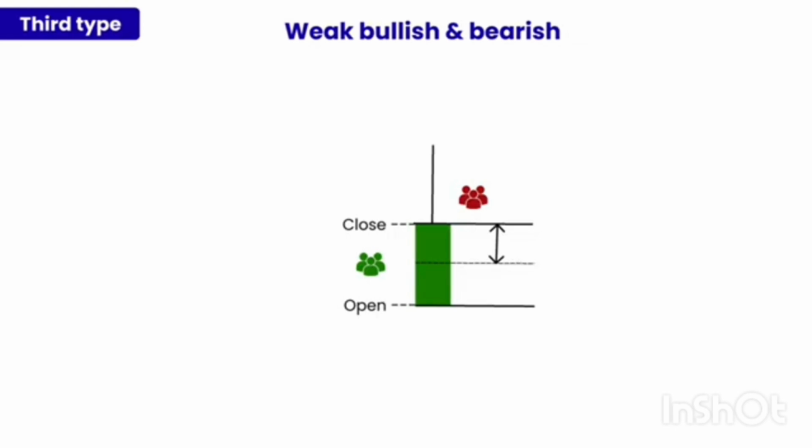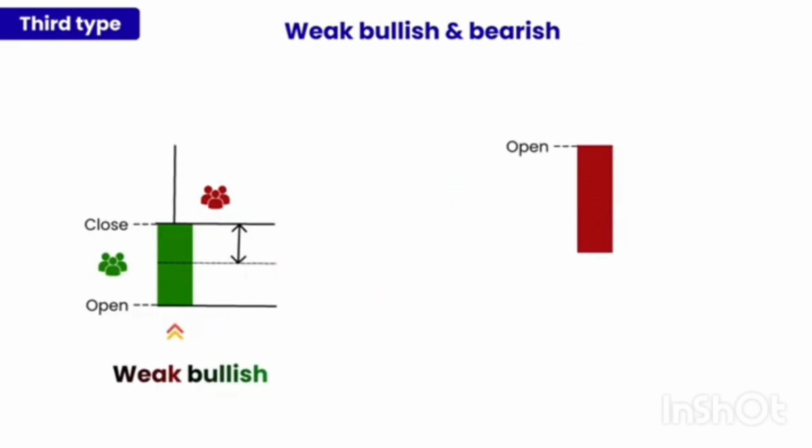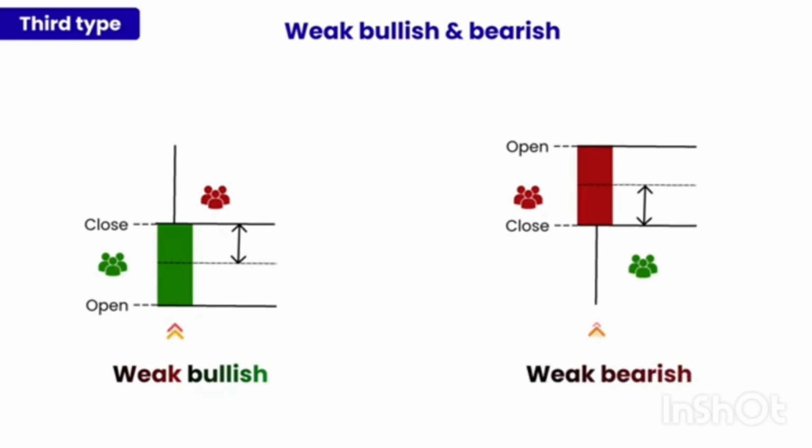Number 4. Hidden bearish and hidden bullish candles. Suppose buyers push the price sharply upward, but aggressive sellers step in and force the candle to close much lower. Although the candle remains green, its behavior is actually bearish because sellers dominated before the close. This is called a hidden bearish candle.